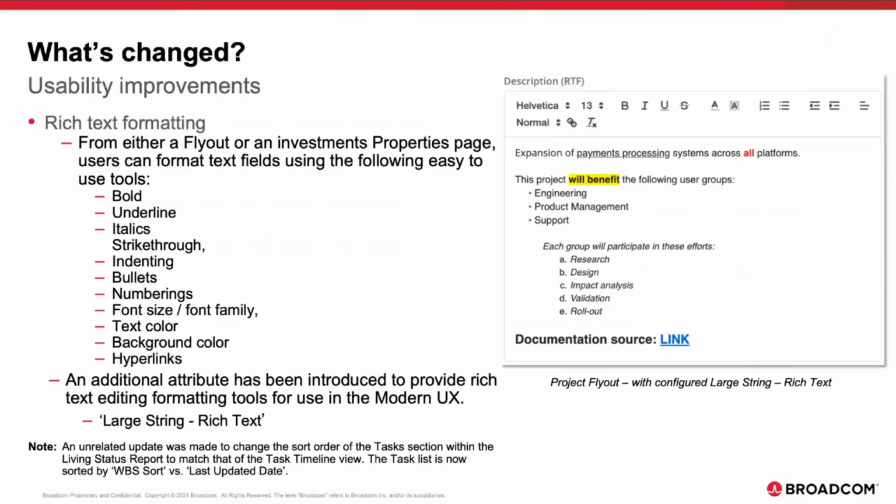In the prior release, if you went into the task section of the status report, you had a sort order that was different than what you were probably looking at in the task timeline view. Now those are in sync and automatically sorted by WBS. Just as an FYI there.